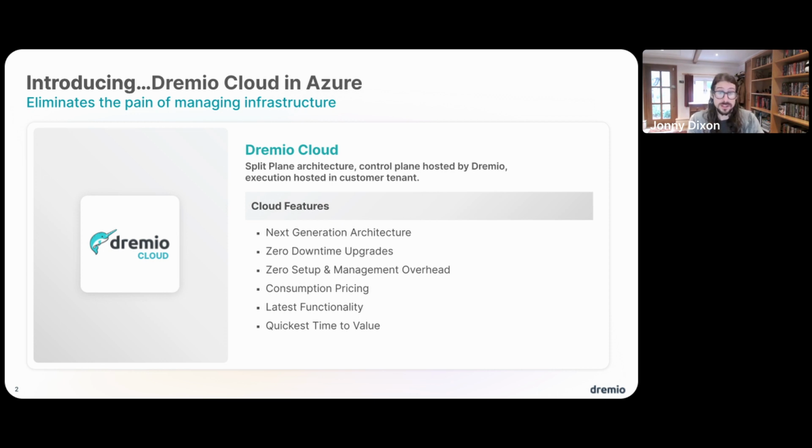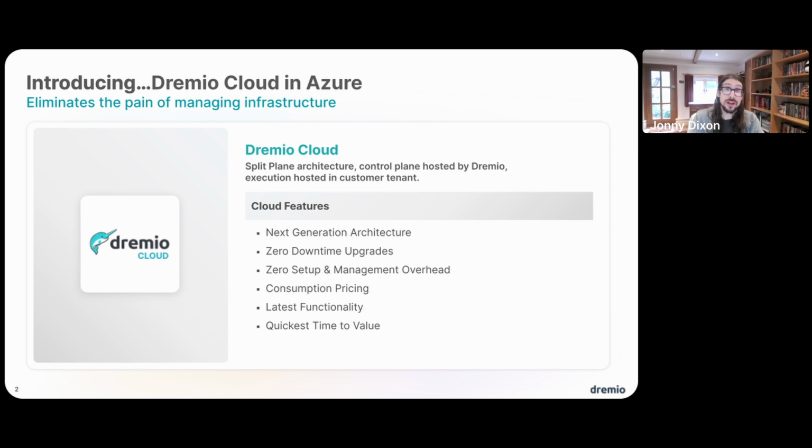Now, what that means is that the Dremio infrastructure is accessible from anywhere, whether within an organization or outside of the organization, as well as within different countries, meaning that people can access this from anywhere, as well as at any time. The execution plane is hosted within the customer's tenant, meaning that you can ensure that there is security on top of your data. You can have that security and governance.